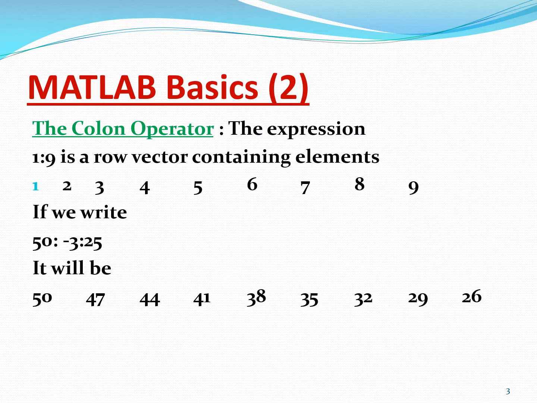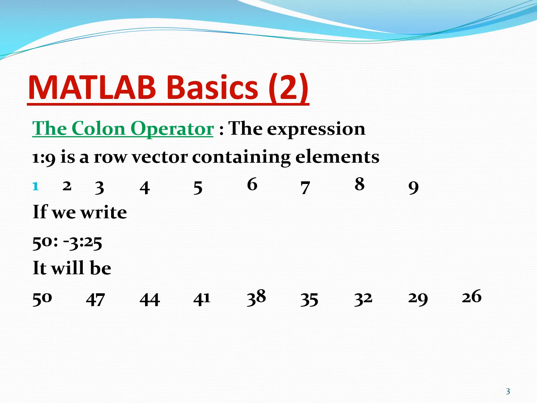Next we come to the colon operator. Now this is a very important operator. The expression 1:9 is a row vector containing elements 1, 2, 3, 4, 5, 6, 7, 8, 9.